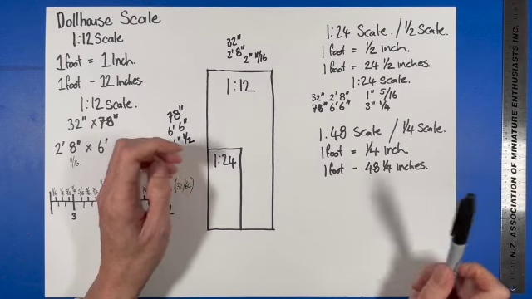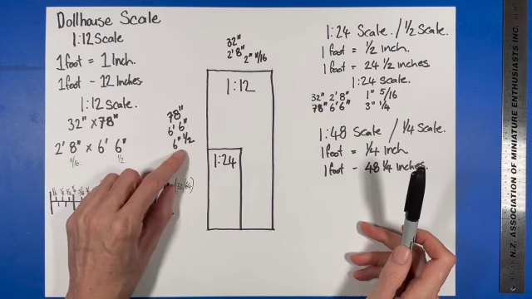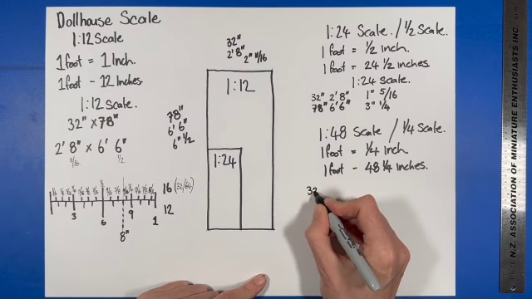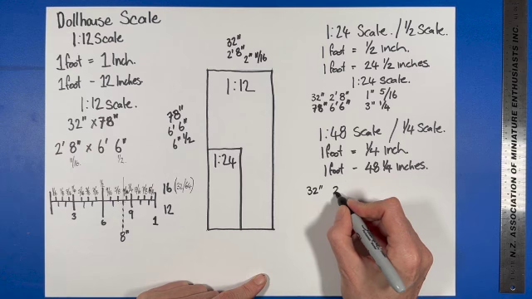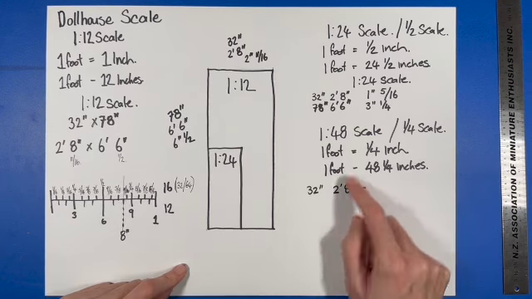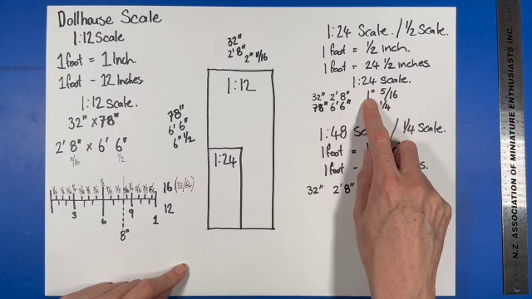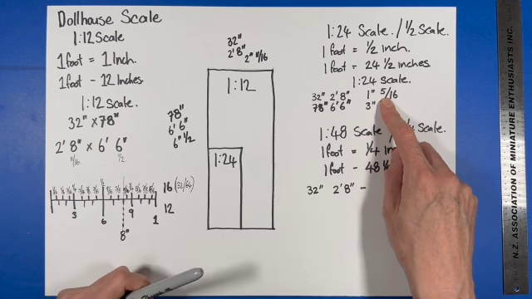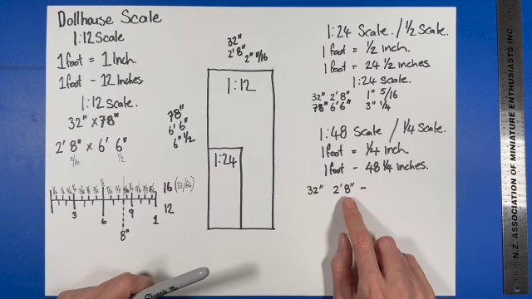So now we start getting into needing to halve these numbers again. So let's have a look. 32 inches is 2 feet 8 inches. Half of that gives us 1 foot 4 inches. And then half of that again is 8 inches.